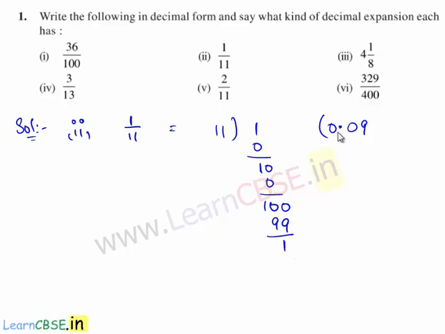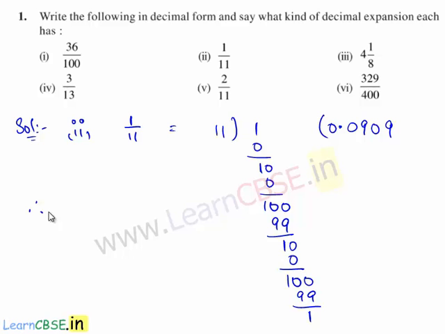So because of the decimal point, 1 becomes 10. So 11 does not go in 10 again, so we take a 0, as 11 times 0 is 0, the remainder is 10. So because of the decimal point, 10 becomes 100. 11 goes in 100 9 times, so 11 times 9 is 99, and we are left with remainder 1. So from this division, the process continues as the remainders are repeating.